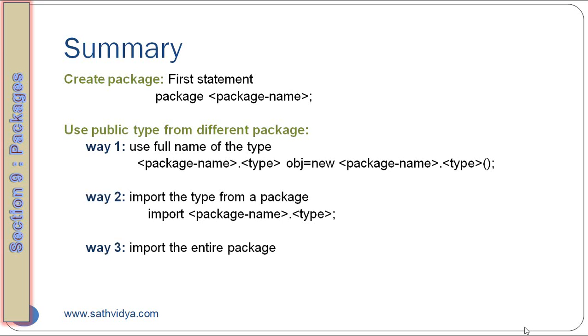And if you are using multiple types, way three, you can import the entire package into your file, where you can use all the public types that are available in that particular package. So how do we do that? We use import package name dot star.